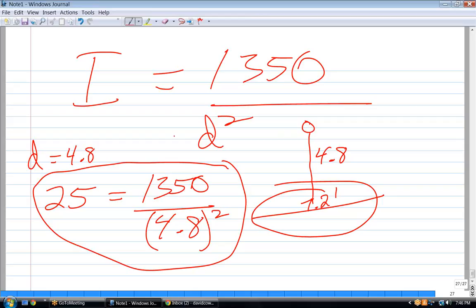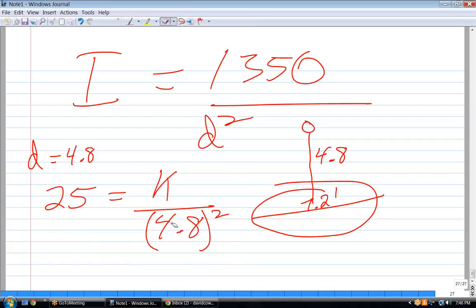Okay, so shouldn't the illumination at the center of the table be 1350 divided by 4.8 squared? Would 1350 be the right K for this as well? Maybe not. I'm thinking that this must have a different K. And what did you get for K when you solved this?